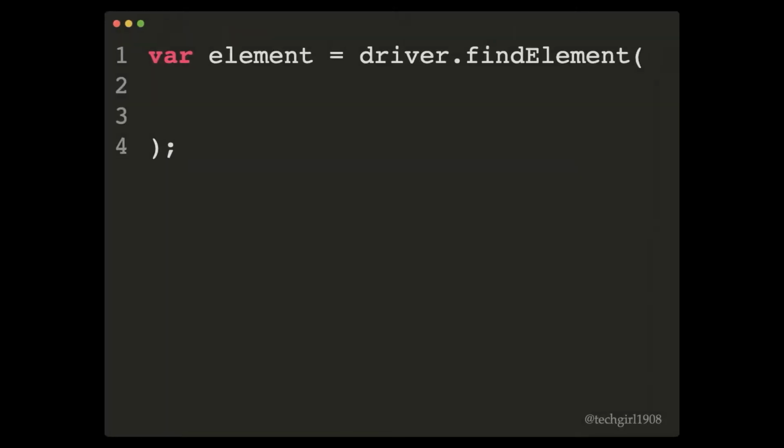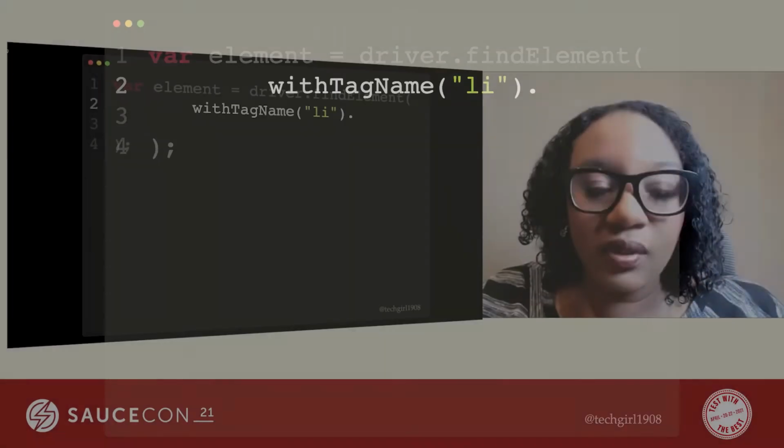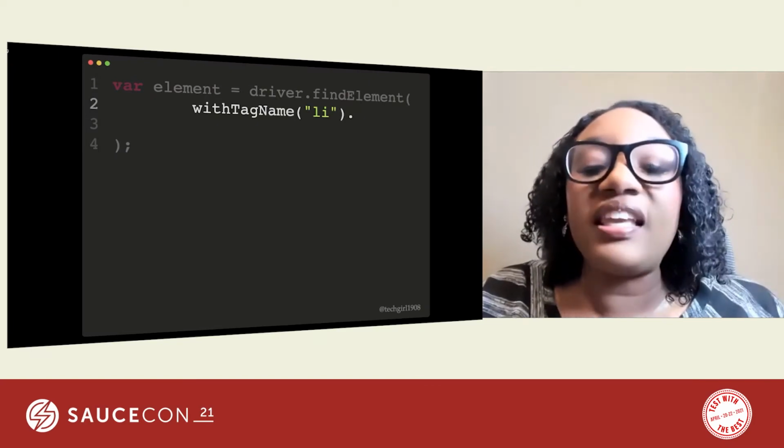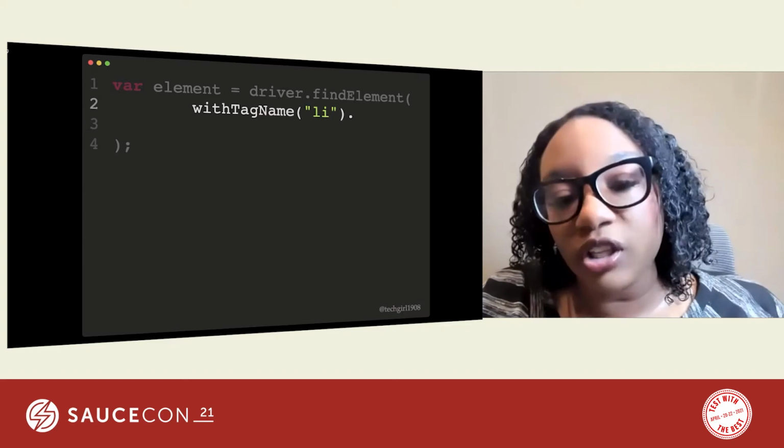So within our code, we do driver.findElement just like we currently do. However, instead of using one of the existing locator strategies such as by ID, we instead use this new withTagName method. Now, within this method, we give it the tag name of the relative element that we're looking for.